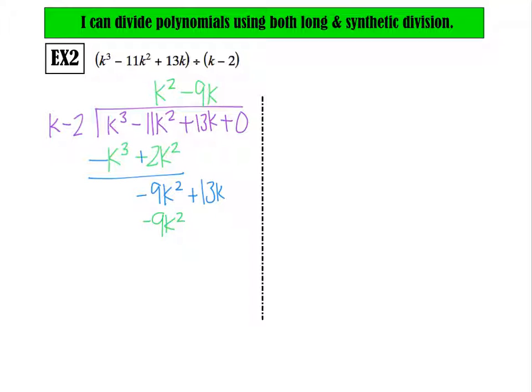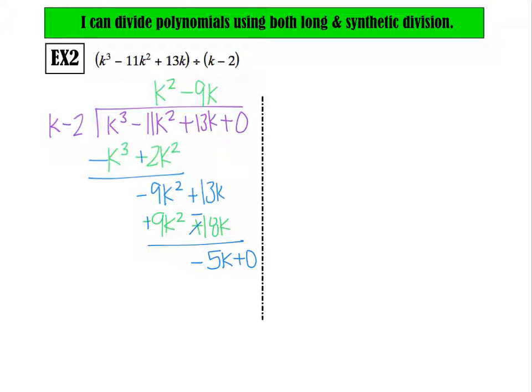And then negative 9k times negative 2 is a positive 18k. And when I go to combine, I do the opposite. So if it was positive, it becomes negative, and if it was negative, it becomes positive. So negative 9k squared plus 9k squared cancels, and then 13k minus 18k gives me negative 5k, and then I'm going to bring down that plus 0.